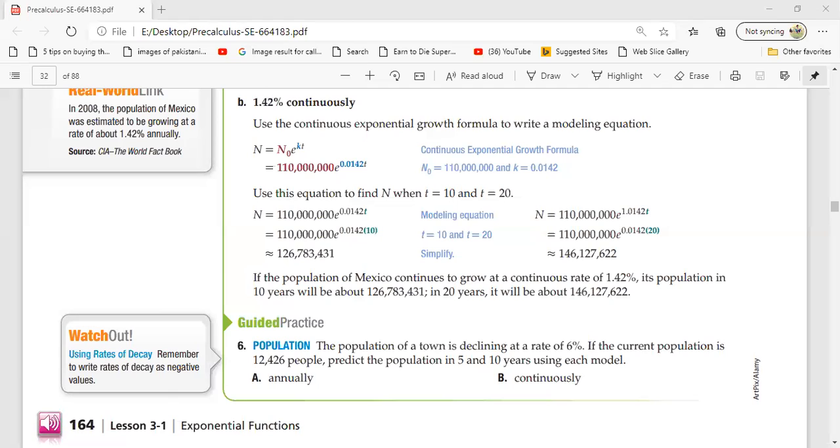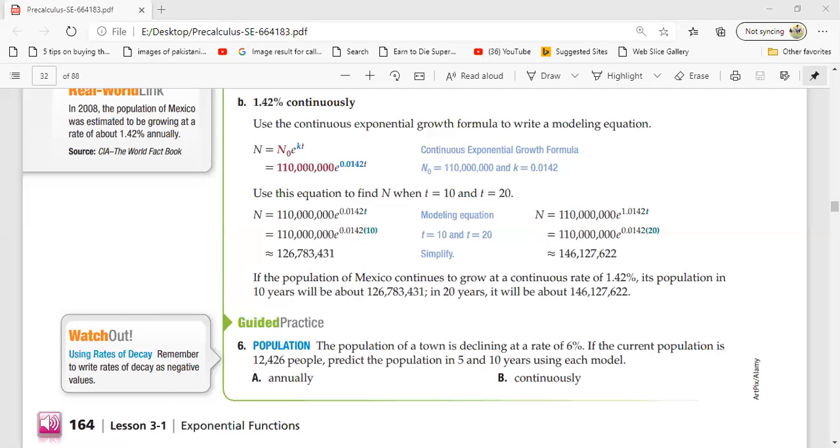So 0.94 raised to power 5 after 5 years, this will become 12,426 times 0.733904022. So our answer is approximately 9,119. So the population will decrease to 9,000 because it is decreasing at the rate of 6% annually.